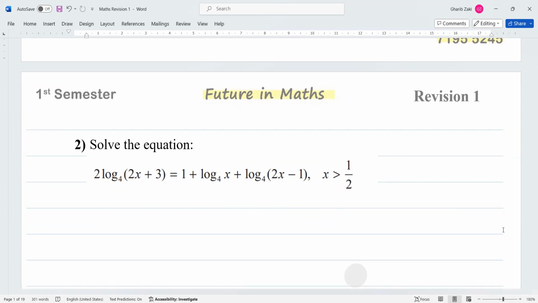I give you 2 minutes to solve it. Are you ready?